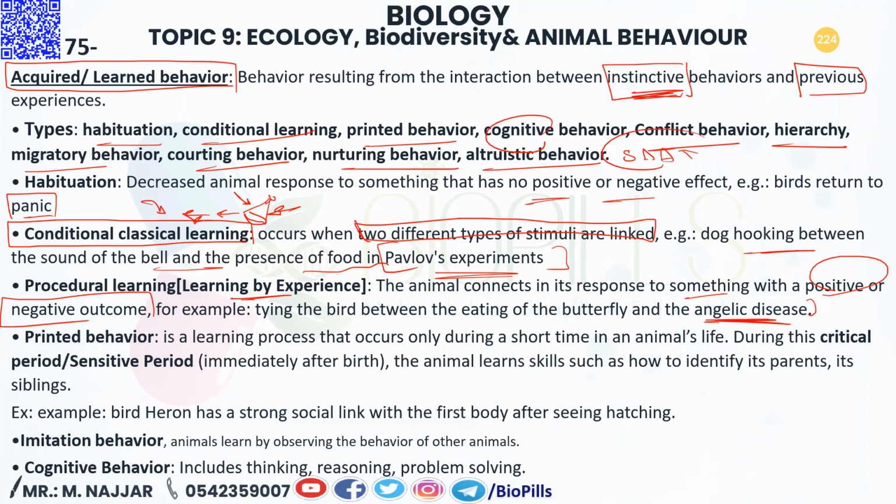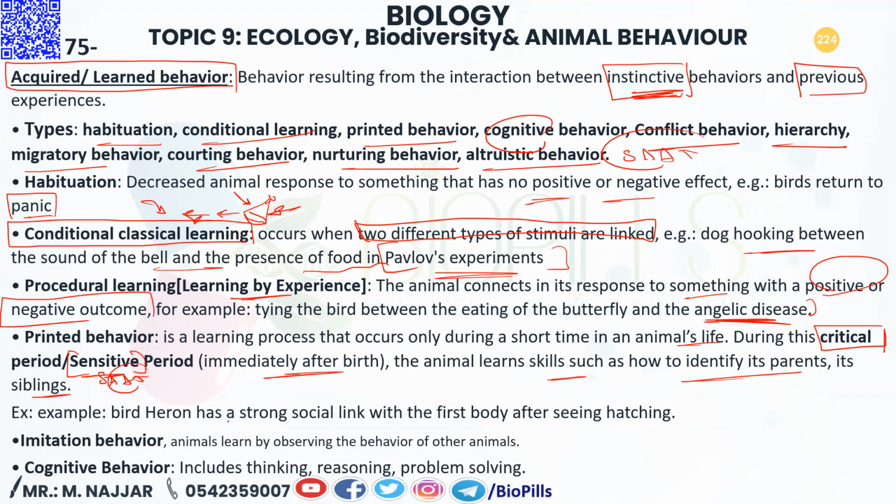Imprinted behavior is a learning process that occurs only during a very short period of the animal's life. Scientifically it is known as the critical period, but in the SAAT he used a descriptive word, not properly and scientifically used, which is sensitive. It is immediately after birth, so the animal learns skills such as how to identify its parents and its siblings as well.